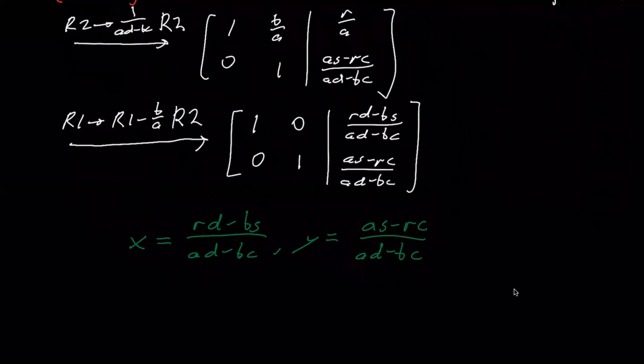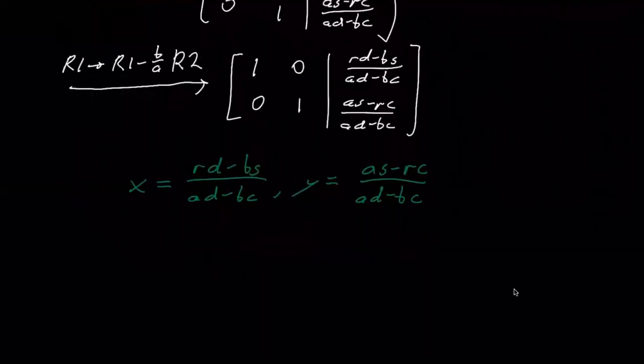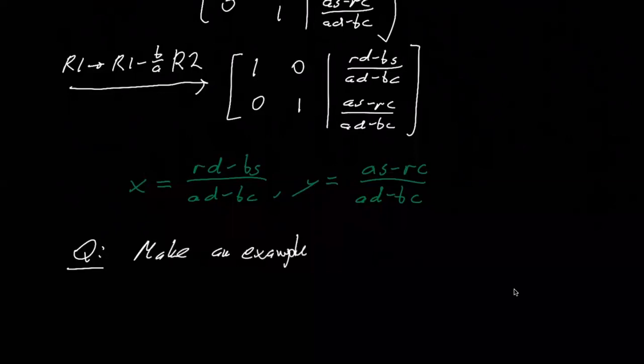The other thing, just as a last comment, is that you might want to make an example where AD minus BC is 0. Because this certainly does not work. These formulas for X and Y do not work. And see what happens.